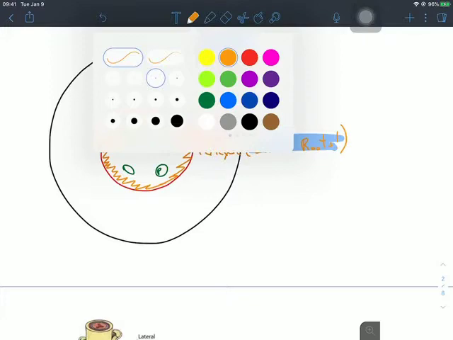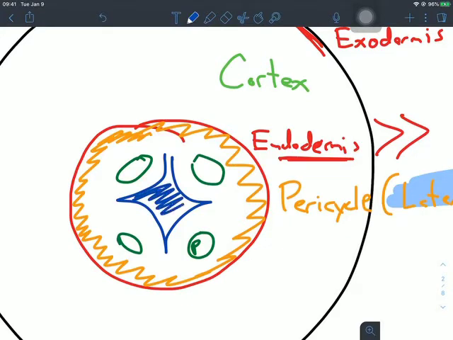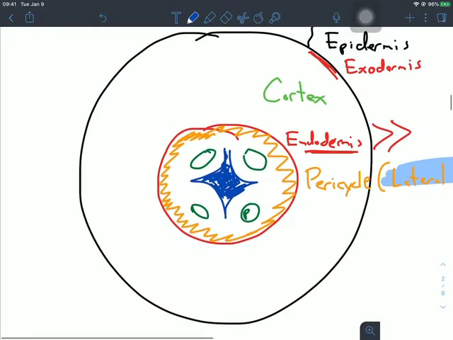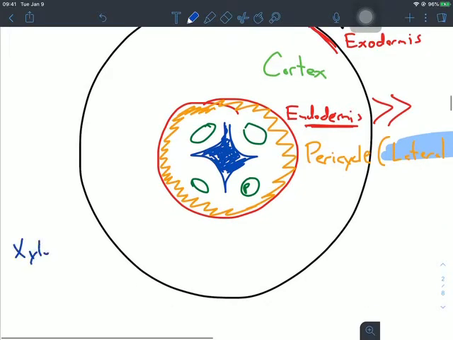And inside of the phloem itself, you've got your xylem, which will oftentimes grow, particularly in our eudicots, in this kind of star shape, because the water pipes that grow early on are much smaller than the water pipes that grow later. So in your xylem, you actually have 2 different types of xylem.